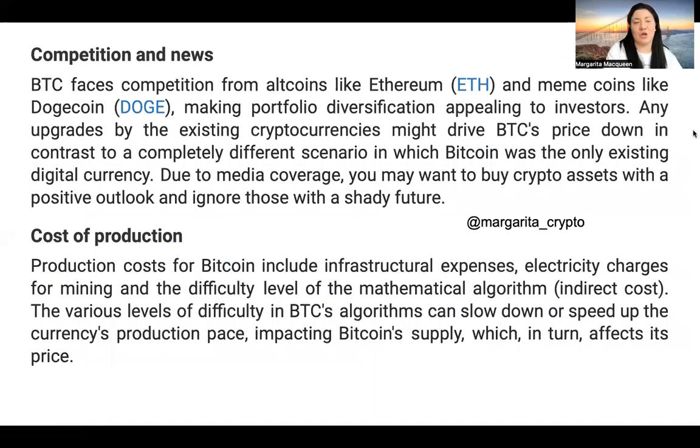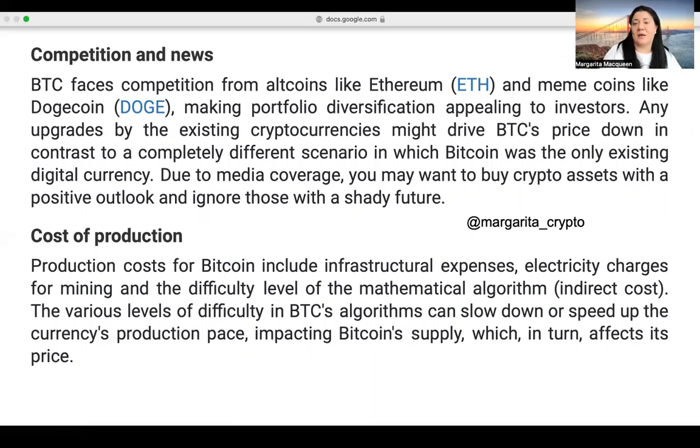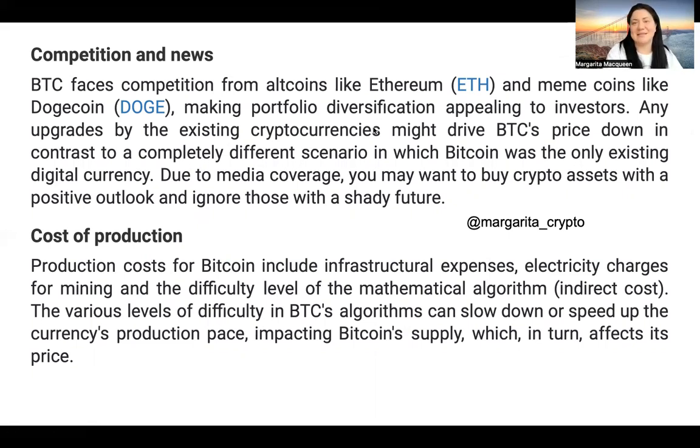Competition and news. Bitcoin faced competition from altcoins like Ethereum and meme coins like Dogecoin, which is a scam, or Spacecoin, or whatever the bullshit is called, Elon's shitcoins or whatsoever, making portfolio diversification appealing to investors.